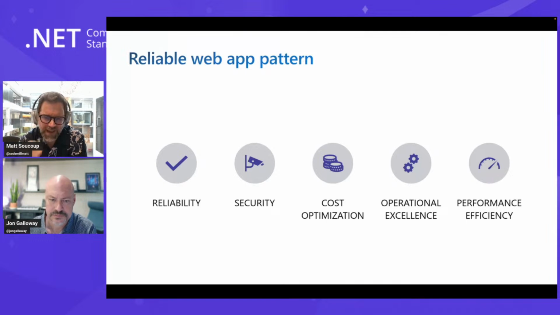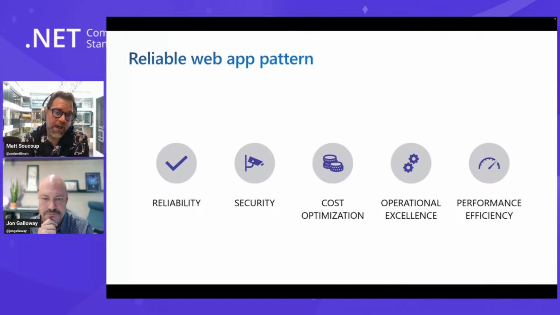We'll have patterns like that in there, but if you go look at cost optimization, we're going to have patterns for the people who make decisions based off of money, or performance efficiency and operational excellence. Those are DevOps or IT, like the people who actually run the machines. Those are patterns for them to follow. And so it's everything built into one that people can have for reliable web apps.